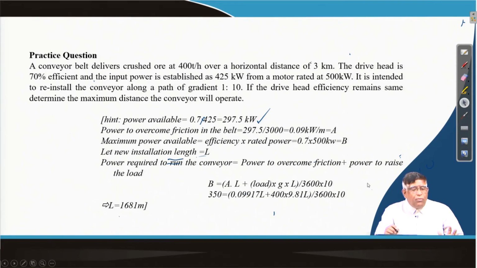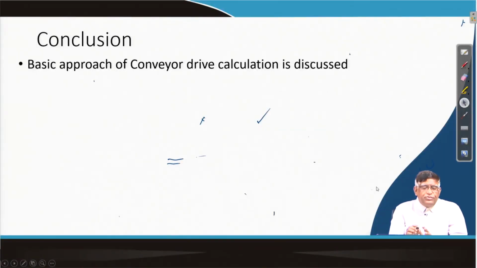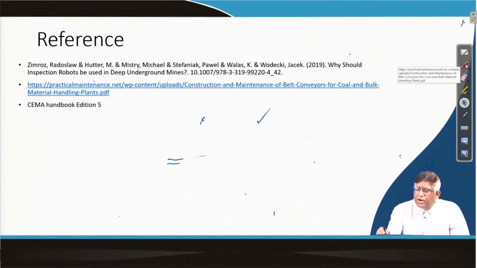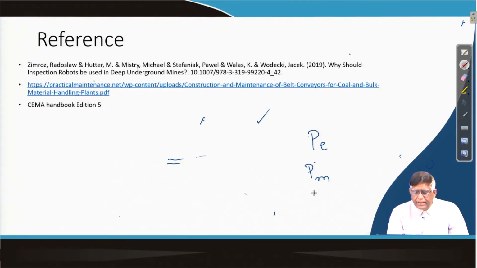Basically, the approach for a conveyor belt drive is that you determine the power required for the empty belt, the power required for the material, and the power required for raising. The power for the empty belt depends on the length, plus some additional length you give for the wrapping, and the weight of the belt per unit meter.